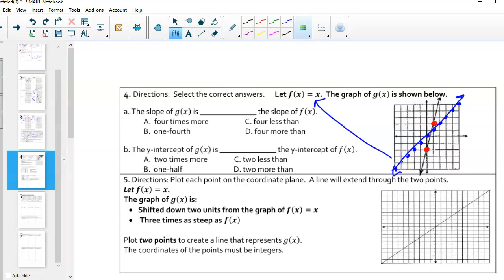So if we're comparing the slope of the line in red and the slope of the line in blue, we know it's 4. What was the slope of the line in blue? 1. So we're comparing, how did we get from 1 to 4? Did we add 1 plus 4 and get 4? Is 1 plus 4 4? No. Did we subtract 4 from 1 to get 4?